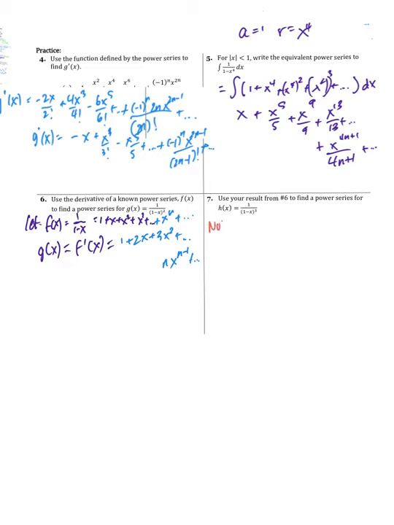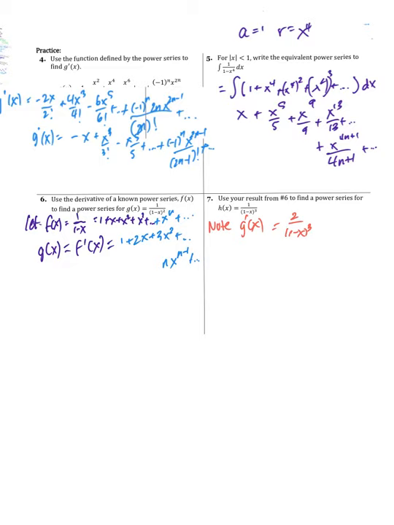So I'm going to note that g prime of x, if I take the derivative of g, what's the derivative of 1 over the quantity 1 minus x squared? Well, that derivative would be 2 over 1 minus x to the third power, right?